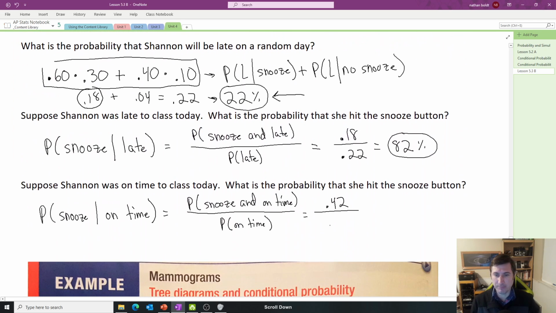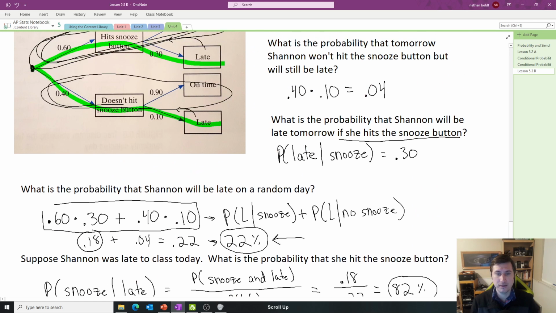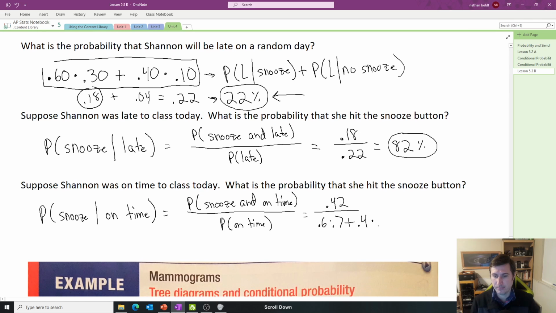So it'll be 0.6 times 0.7 plus the other way, which was 0.4 times 0.9. Yeah. So those are the two different ways we can be on time. That will give us the probability of being on time. So 0.6 times 0.7 plus 0.4 times 0.9. I really hope it is 78. Yes.